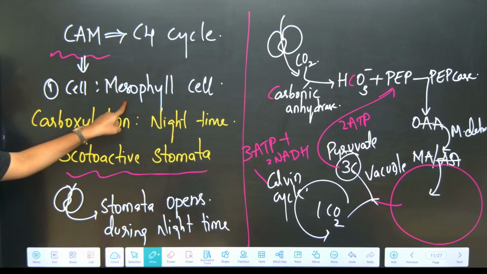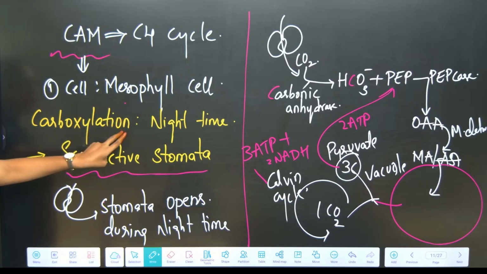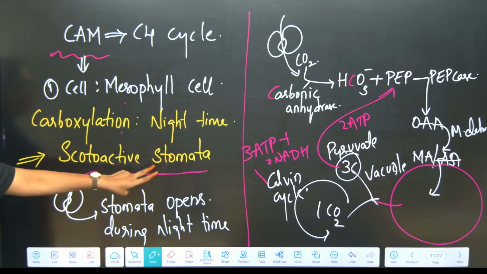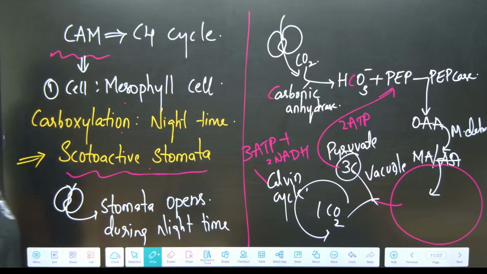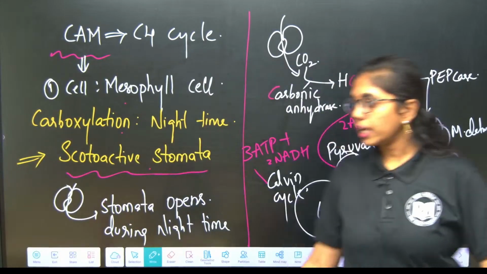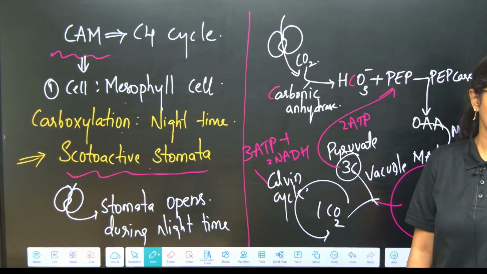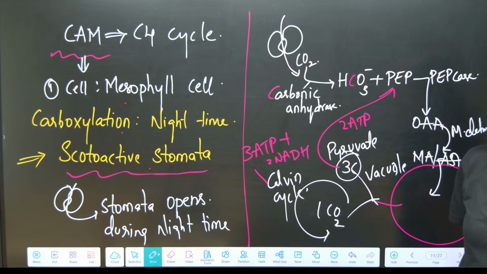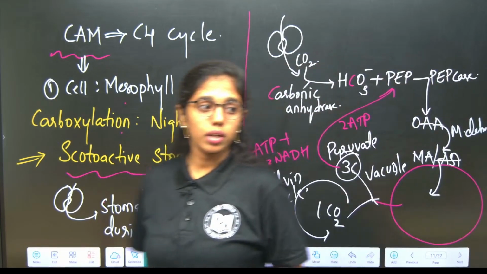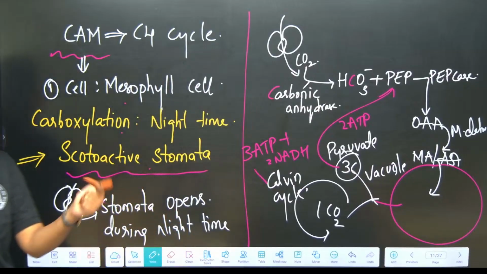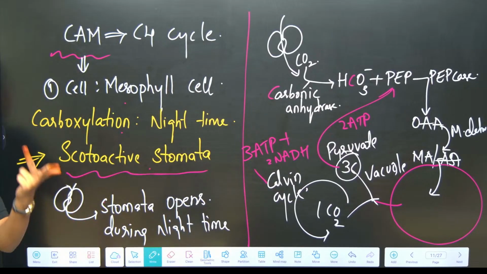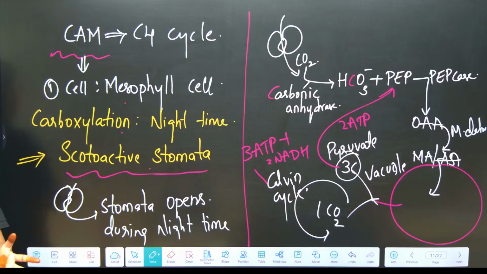Here it happens only in one cell, and first carboxylation during night time because of scotoactive stomata. Okay, any doubt anywhere in CAM cycle? If you have, just let me know. Clear, right? CAM cycle, C3 cycle, C4 cycle and photorespiration. All of them are clear to you, right?